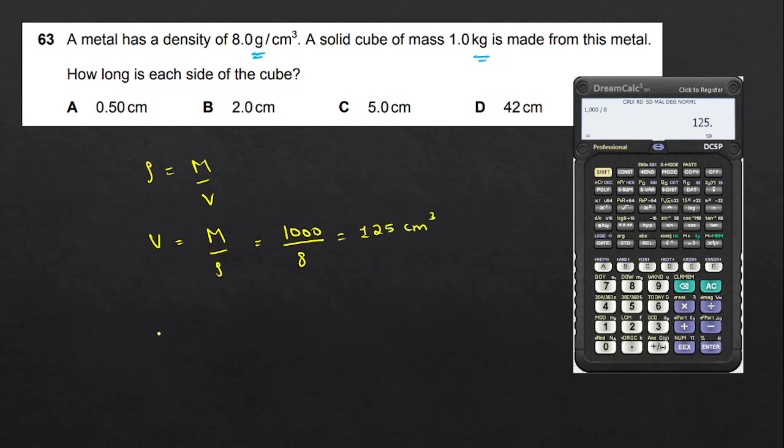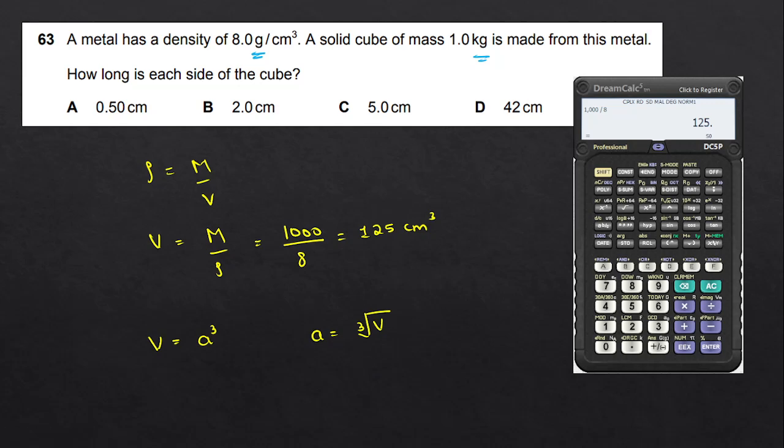We know that volume is nothing but side cube, or if I take A as the length of each side, you can write it as A cube or L cube, or the length of each side can be written as the cube root of volume, or volume to the power 1 by 3.